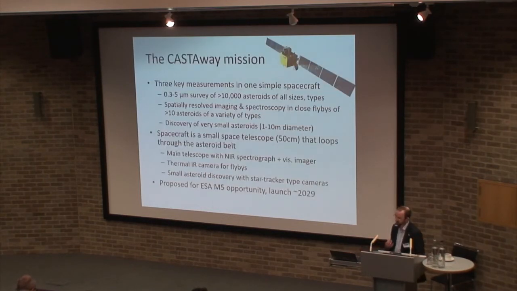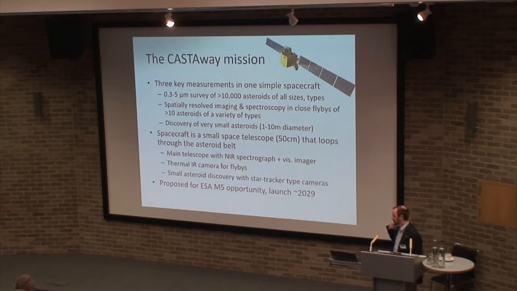And what we proposed is a mission that can answer an awful lot of these questions in an efficient manner. What it is, effectively, is a small space telescope, 50 centimeter class, that performs a spectroscopic survey from the visible out to 5 microns of tens of thousands of asteroids.